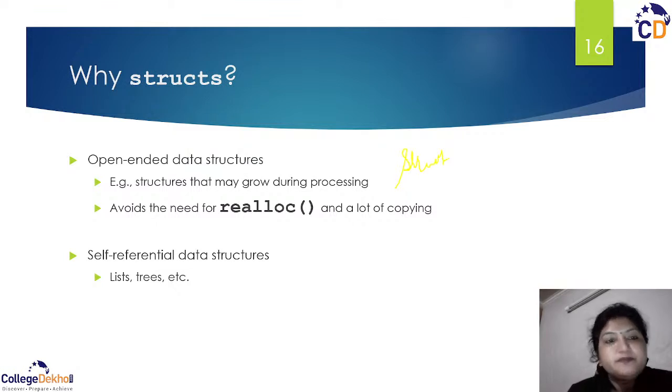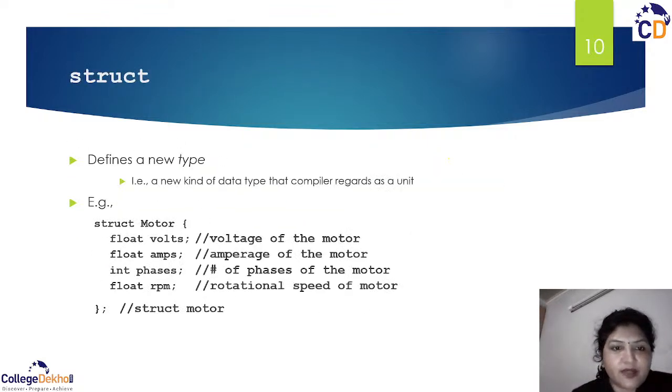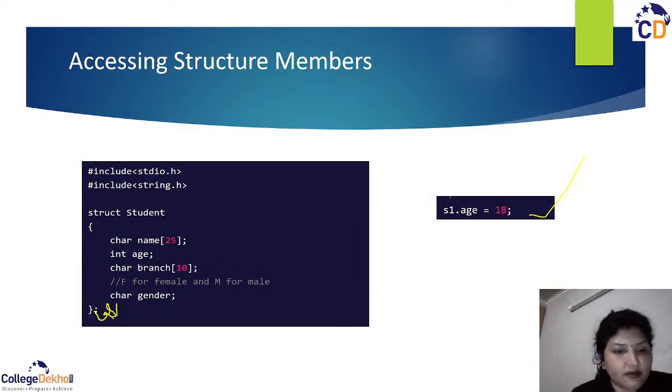So let us see why we use structures. This is an open-ended data structure. Structures may grow during processing, so you may increase the elements also. Wherever you have defined the structure, just define those variables there. You have defined a number of variables here: member variable 1, member variable 2, member variable 3, member variable 4.